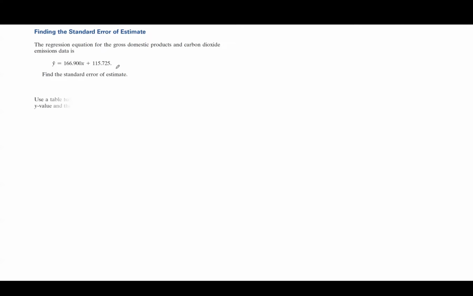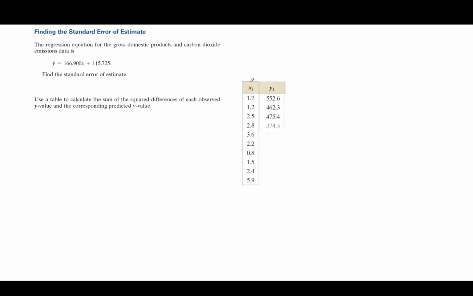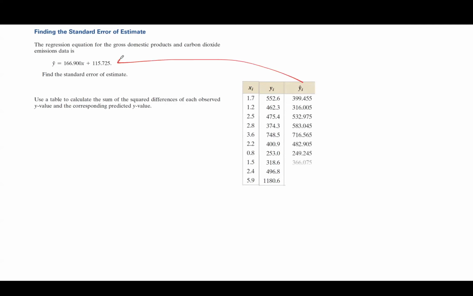Step by step, we can calculate that. We're going to use a table to calculate the sum of the squared differences of each observed y value and the corresponding predicted y value. Xi's, yi's, we need to plug in each x value to find the predicted y value and then find the difference between these two values and square them.